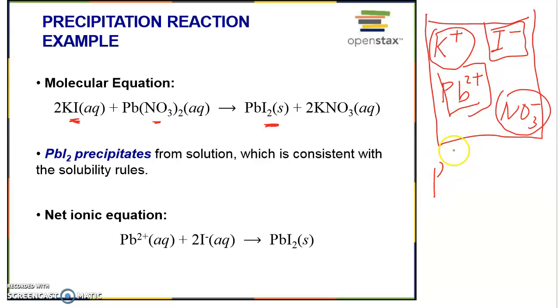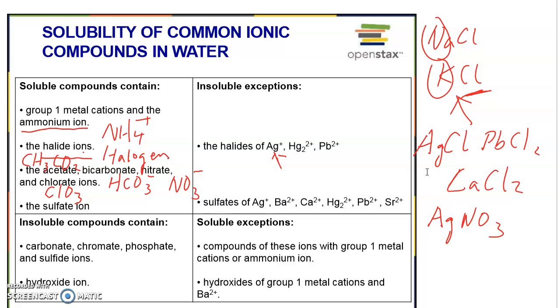So the lead Pb2+ plus the iodide is going to form PbI2, and it's a solid. How do we know it's a solid? Well, let's check. Iodide is a halide. So over here, it says halide ions are supposedly soluble.